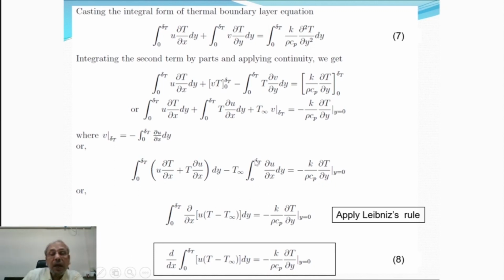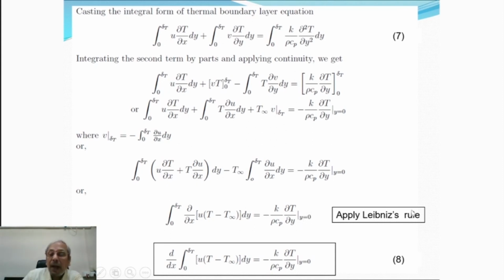So this integral we can now write as these three terms put together: del x of u into (T minus T infinity), and this entire term integrated with respect to dy between 0 to delta t, equal to minus k by rho Cp del T del y at y equal to 0.